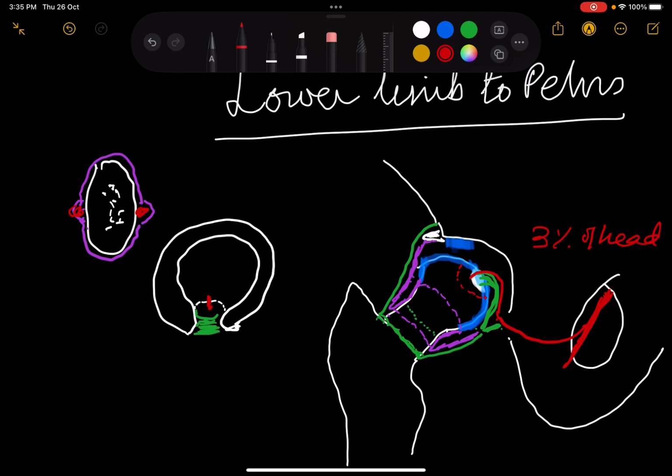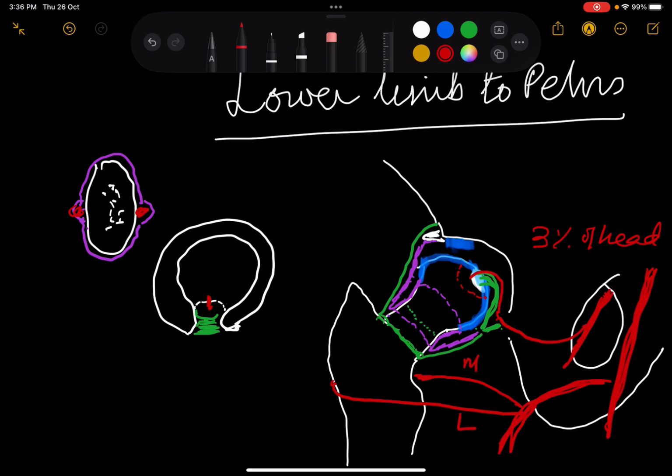So we'll make these blood vessels now. So here is the femoral artery coming. The femoral artery is giving a profunda femoris. The profunda femoris embraces the base of the upper end of femur by a medial and a lateral circumflex femoral artery.